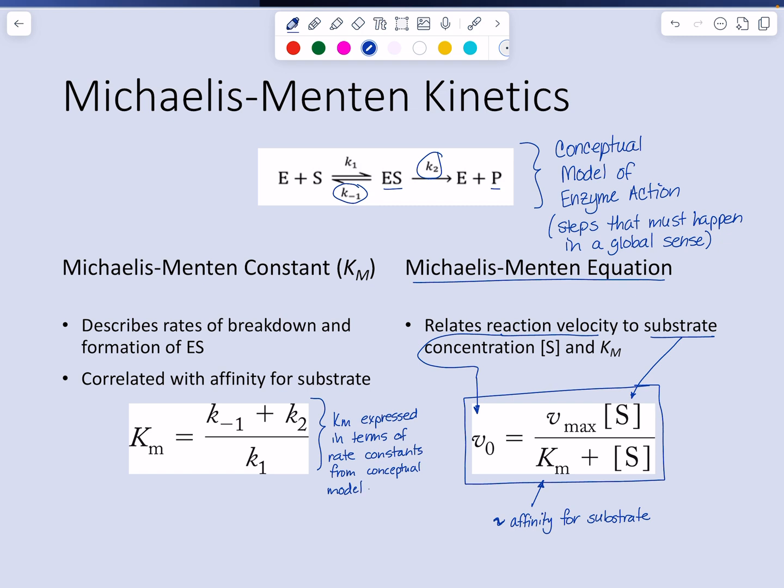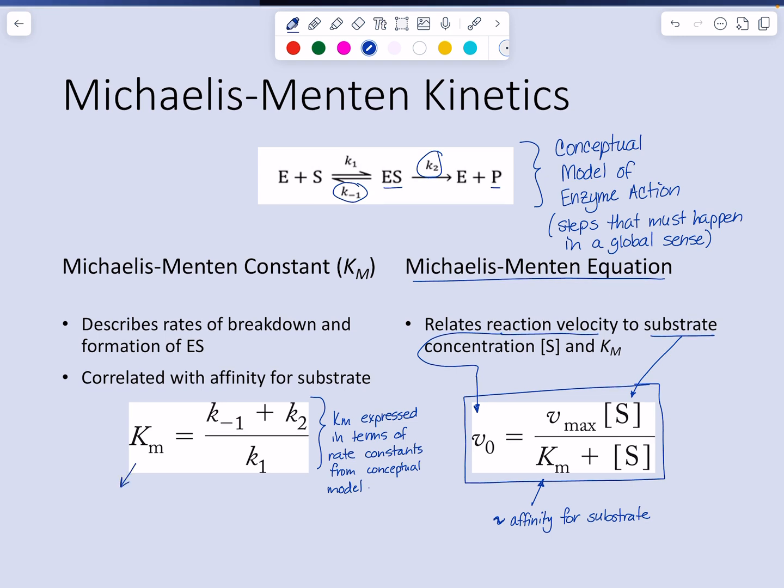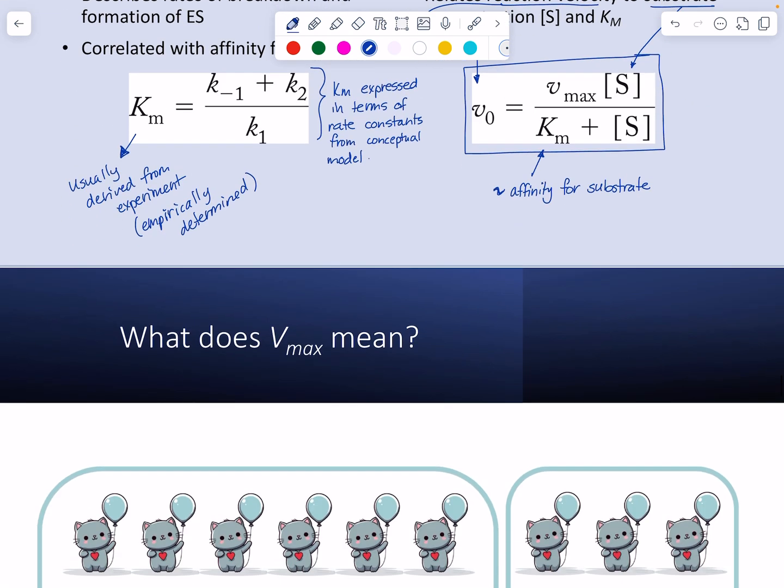And more often than not, it's usually measured in the lab, so usually derived from experimental measurements. And so we call that empirically determined. We use the term empirical when we're talking about making measurements.